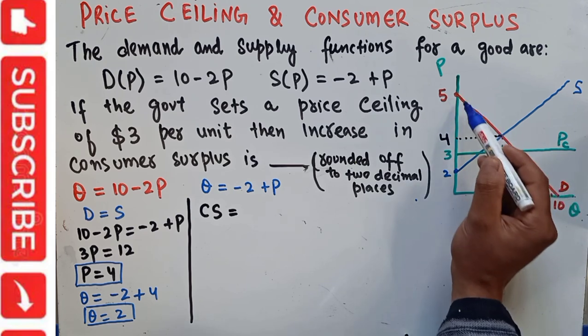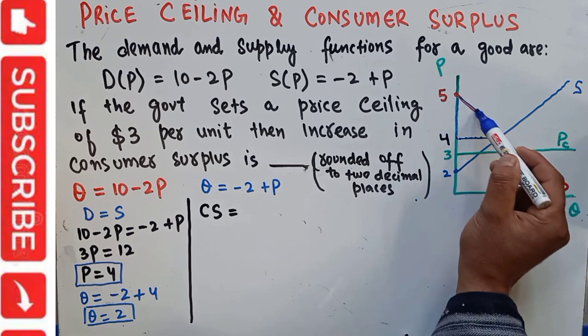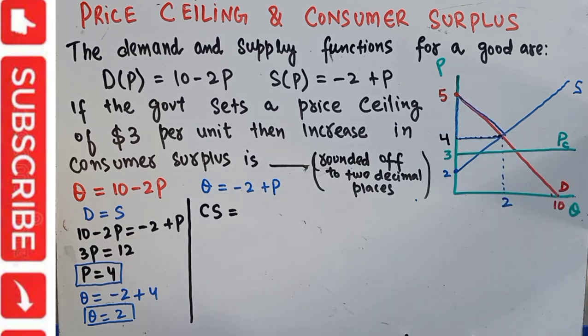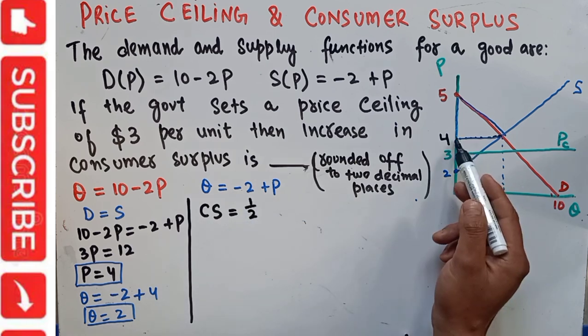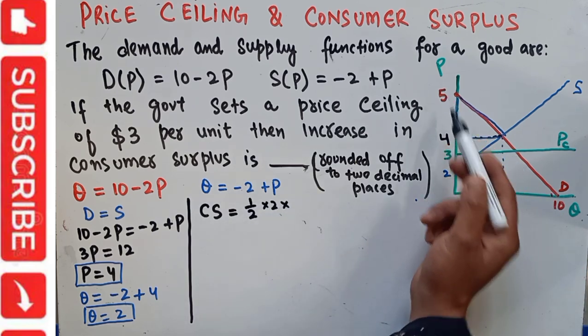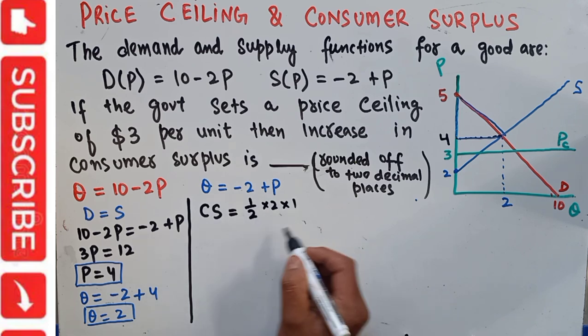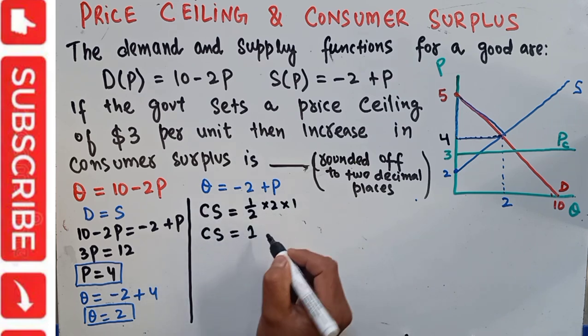The area of this right angle triangle is our consumer surplus initially. The area of a triangle is 1/2 of base times height. The base here is 2, and the height is 5 minus 4, which is 1. Solving this, consumer surplus initially is equal to 1.